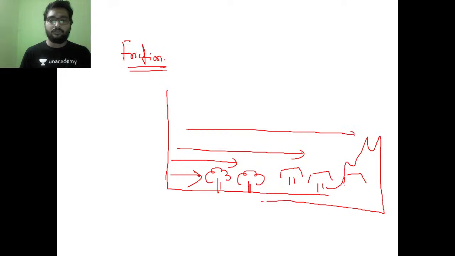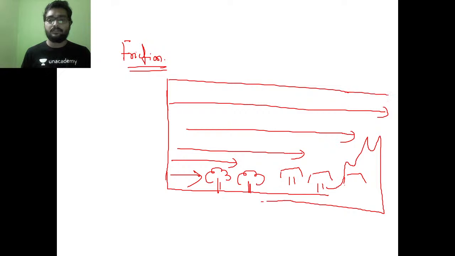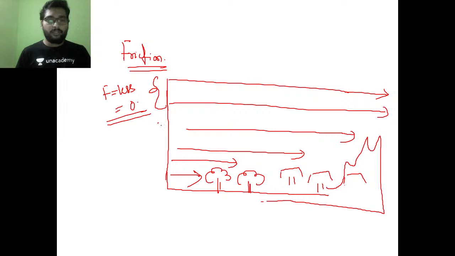But in the upper atmosphere the friction is very less, either negligible or equivalent to 0. In the lower atmosphere, the value of friction is more.